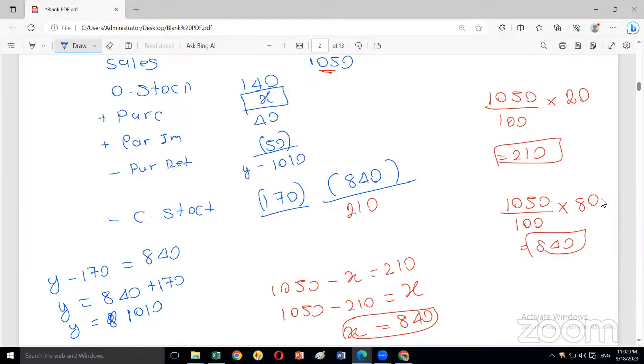Now here again I'll put z for this. Now I want to find the z.